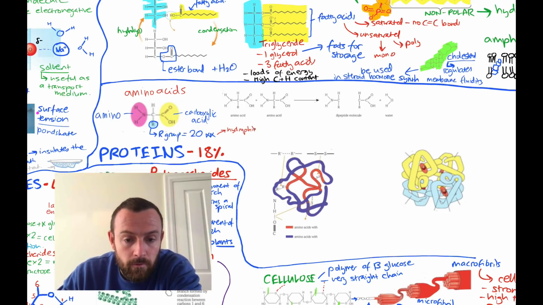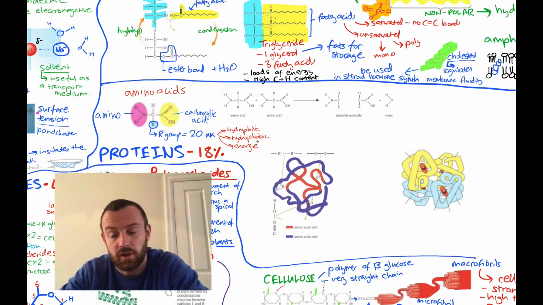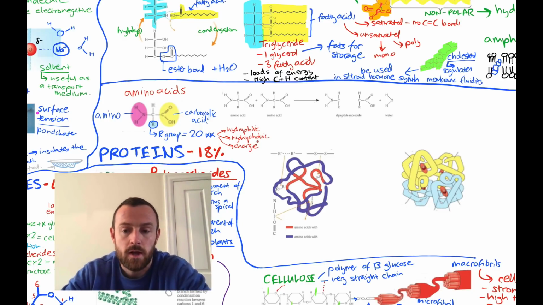A few of them even have a charge on them. Or they may be able to form covalent bonds. For example, sulfur and sulfur can form a covalent bond outside of the main chain.